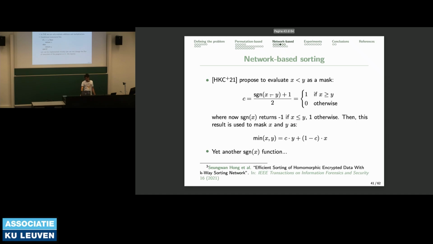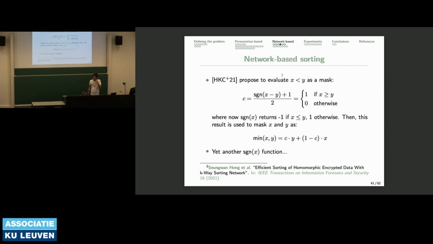So if we look at previous work based on CKKS, they propose to evaluate this minimum function as I show here. They compute the signum, this time returning 1 or -1, between x and y, add 1, and divide by 2. This gives you 1 or 0 depending on whether x is larger than y.